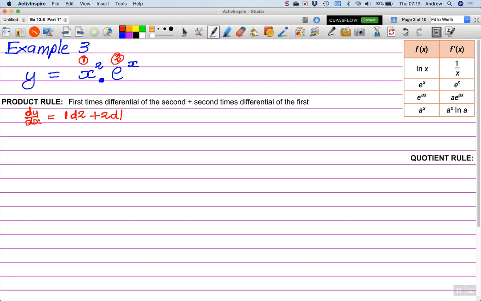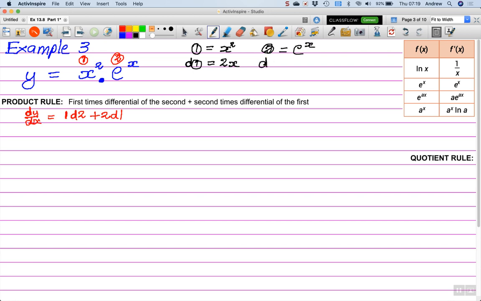Then you should be going off to one side, the way we usually do it, and writing down, well, what is my first function? Well, my first function is x squared. And what's the differential of my first function? Well, the differential of your first function is 2x. You just got 3 out of 10 marks just for doing that. What's your second function? Well, your second function is e to the x.